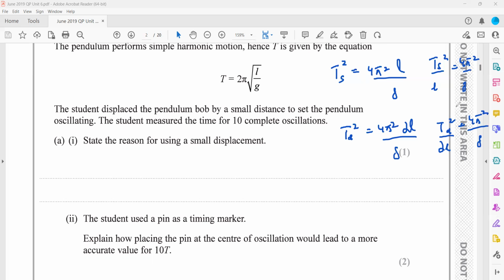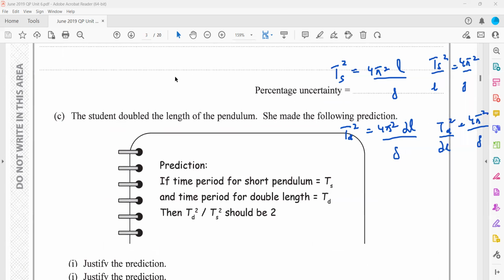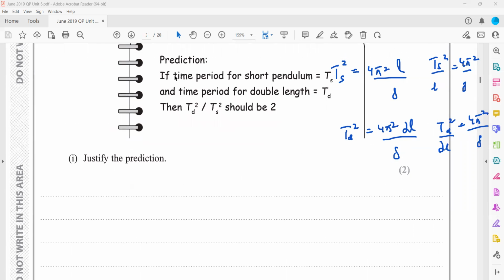So on the right hand side, the two equations are the same, so we compare the two equations. One side has Td square over 2L, and the other side has Ts square over L. Then we simplify.